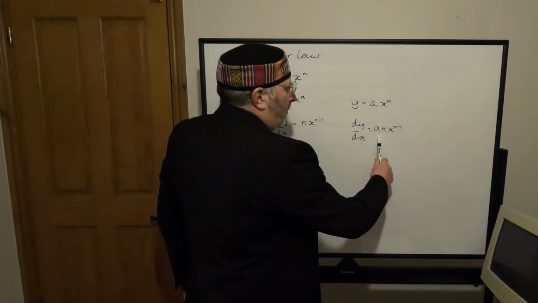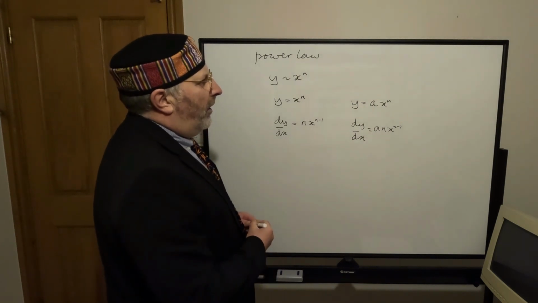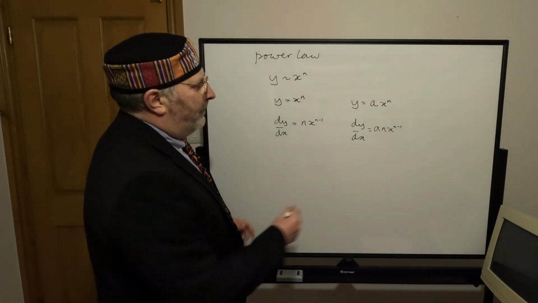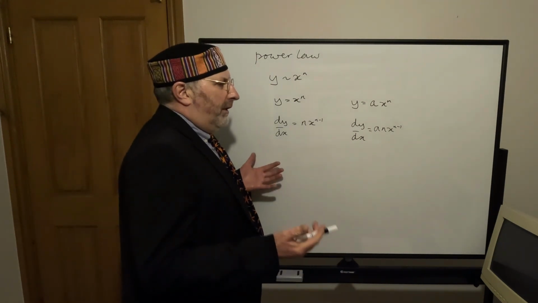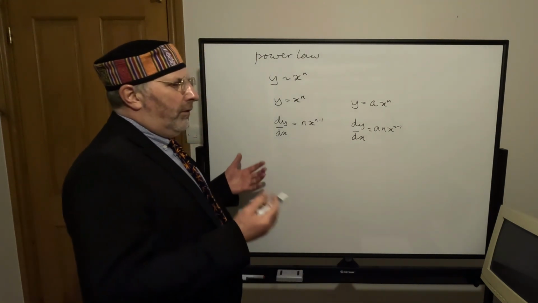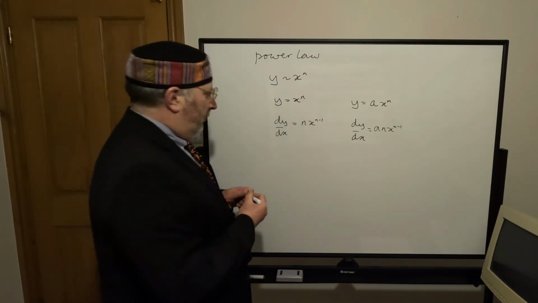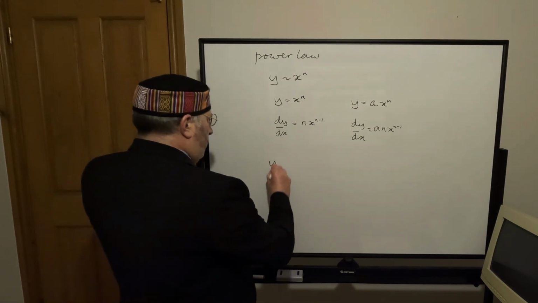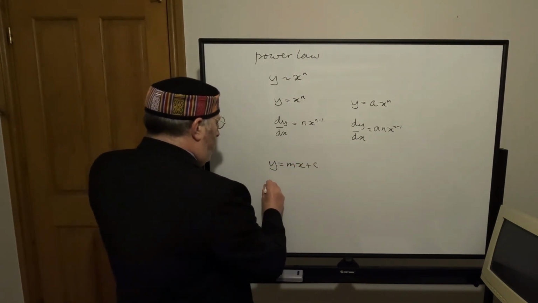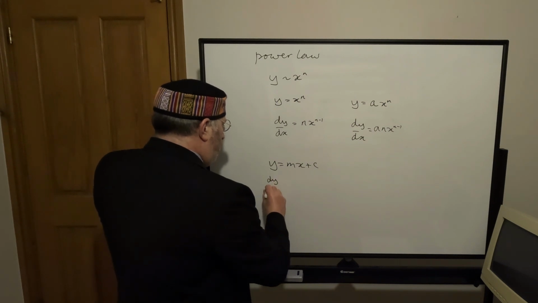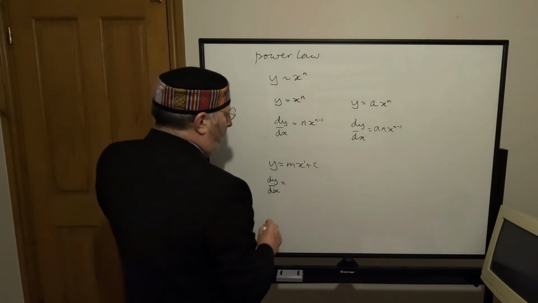So we can also see that our case of y equals mx plus c is a special case of the power law. The linear relationship is just a power law with a power of 1, an exponent of 1. So if, for example, we've got our y equals mx plus c, dy by dx equals, well, that's x to the 1.